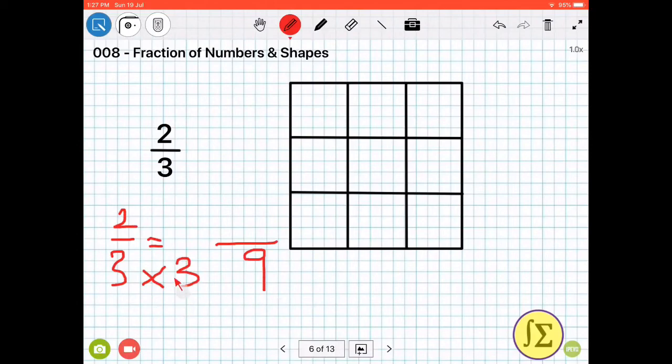So for the numerator, we also multiply by 3 to find the equivalent fraction. So we know that 2/3 equals to 6/9. Now we have a fraction where the denominator matches the number of parts. So since there are 9 parts, all we have to do is shade 6 of them.